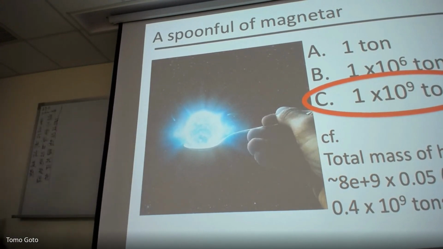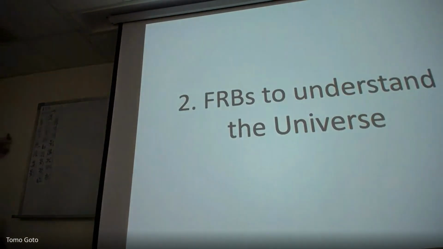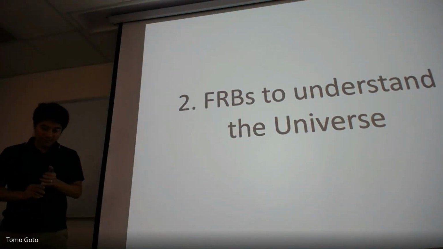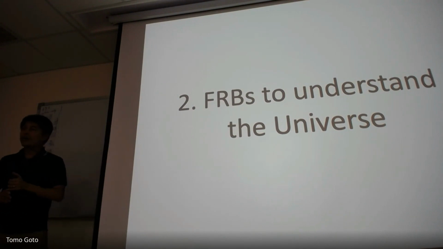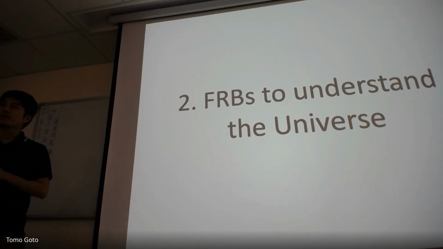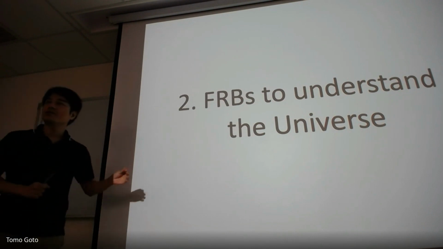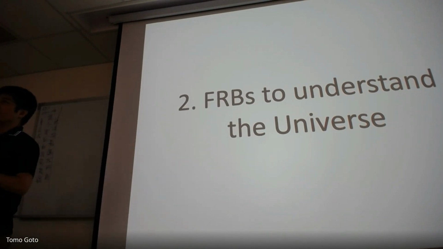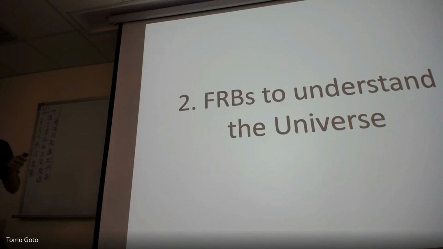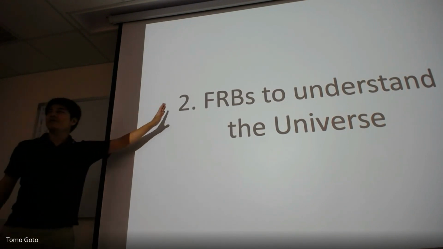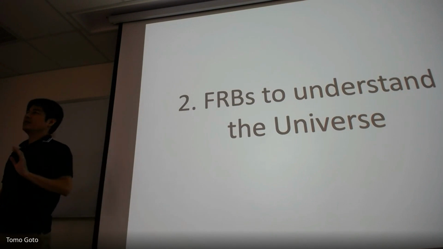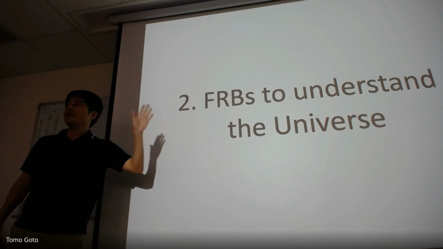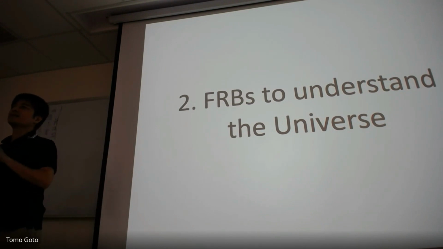Then we are trying to confirm this from observations. But now, apart from the origin of FRBs, actually this is the most exciting part, I would say, of FRB science. Why do people want to understand FRBs? This is because FRBs are supposed to be very useful for understanding the universe.